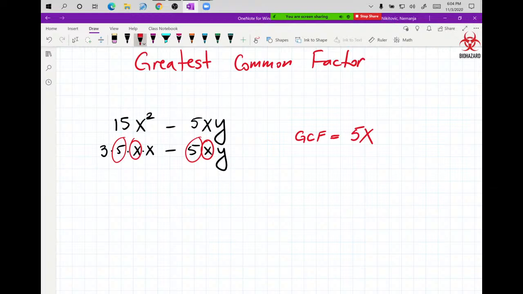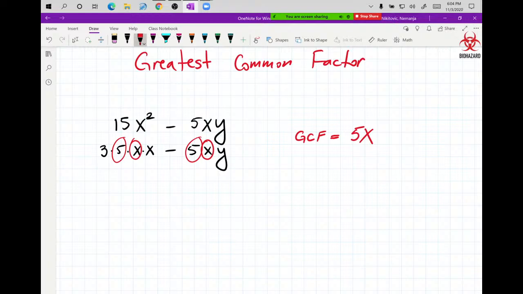Now, common means it's in both of these terms. Later, if you have 3 or 5 terms, it has to be in all of those terms. So, greatest, it's the most you can take. Common has to be in each one, and then factor is obviously because they are all multiplications in here.